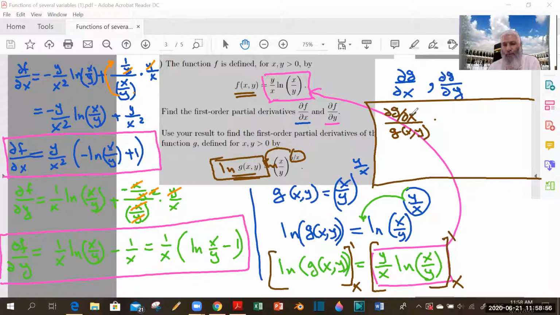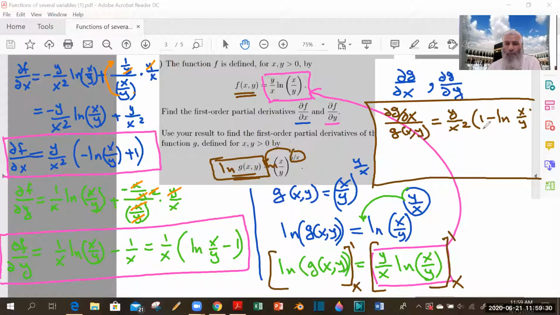So this derivative is equal to what? The derivative of this part with respect to x, we did it here, right? We will just write it here: y over x squared, multiplied by negative ln x. We can make it like this, 1 minus ln x over y.